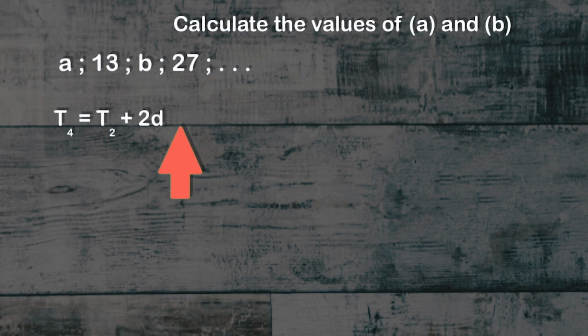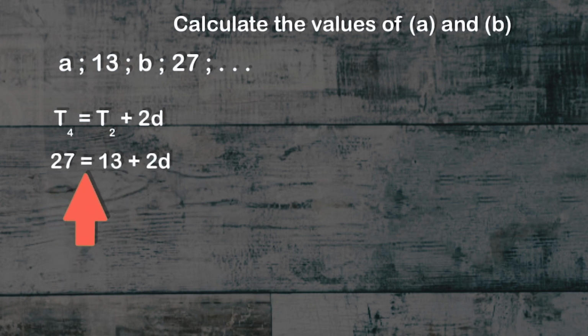And then we simply do substitution. In the place of term 4, we will put 27, and in the place of term 2, we will put 13. And then it looks like this. 27 equals 13 plus 2 constant differences. And that's true, right? Because 13 plus a constant difference plus another constant difference will give us 27.